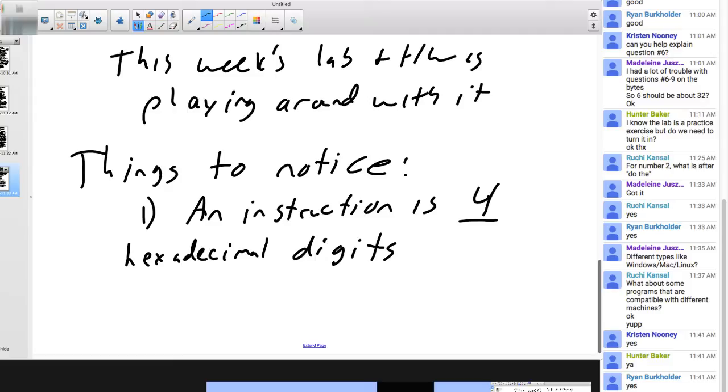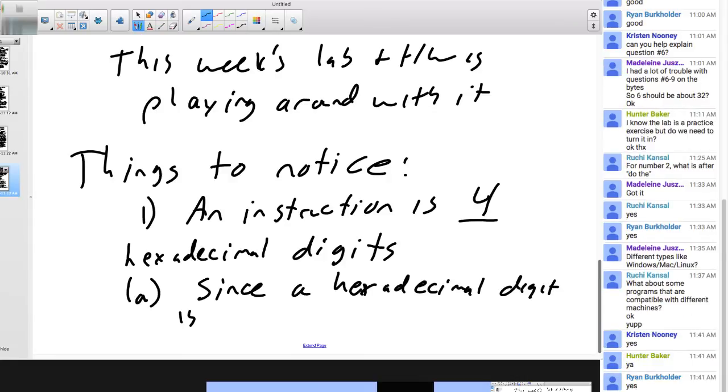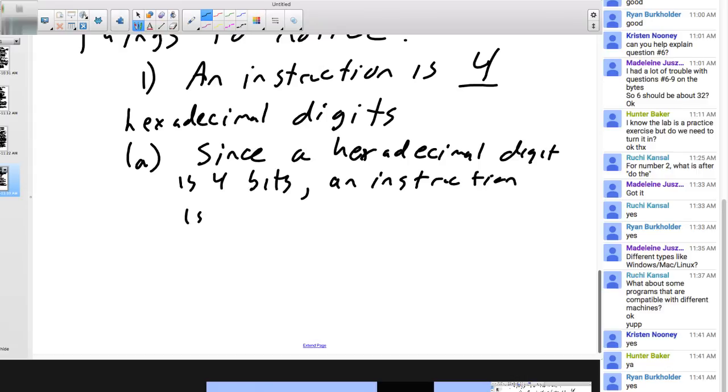And what that means is, since a hexadecimal digit is 4 bits, remember, the whole reason we have hexadecimals is a compact way of writing 4 bits as one thing. That means an instruction is 16 bits, 4 times 4, or 2 bytes long, right?